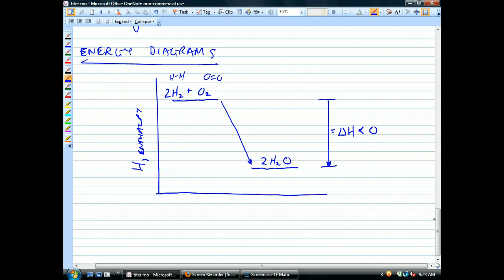Let me say it one more way before the break. Remember, when we talked about bonding, I think I mentioned this. Bond formation always releases energy. Maybe I didn't say this.